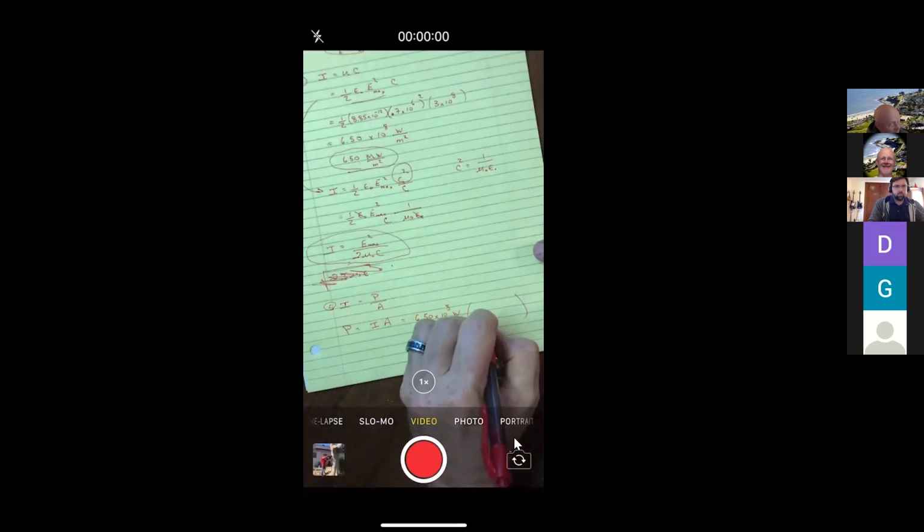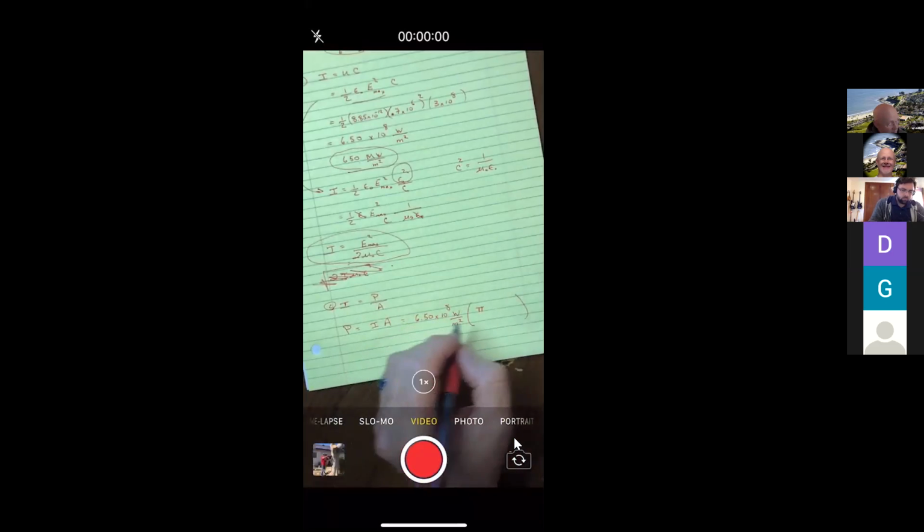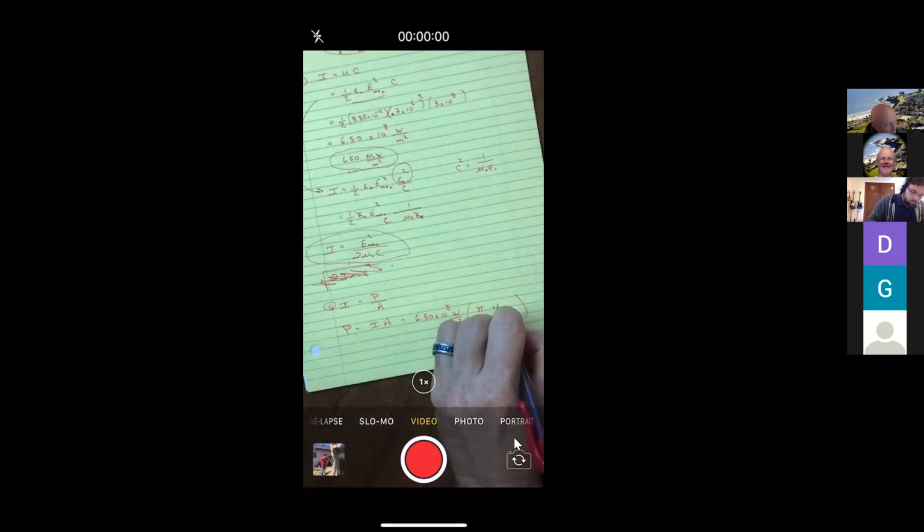So let's take pi r squared, and the diameter is 1 millimeter, so this would be 0.001 meters cut in half and then squared.